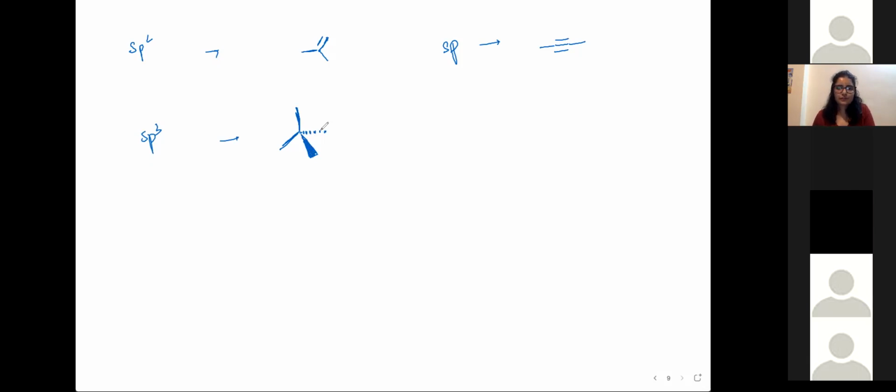So if you see this kind of representation with a dashed line and a solid line, the solid line represents that it's coming out in front, and this dashed line represents that it's behind. Like I showed you in a video.